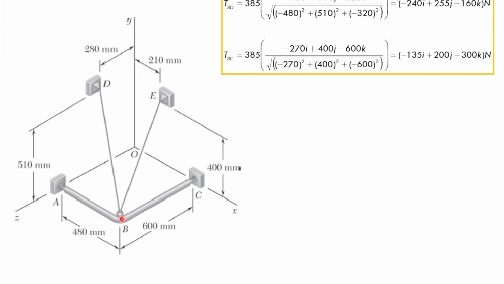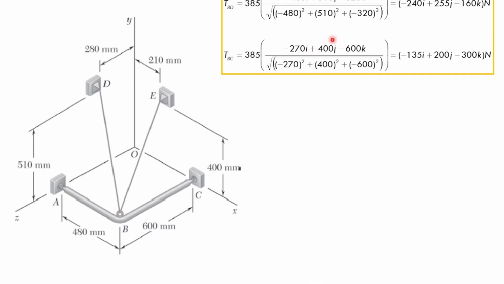Okay, 480 minus 210, we got the value of this, 270, negative 270, because the x-axis is here positive, here negative, so from here to here it will be negative.